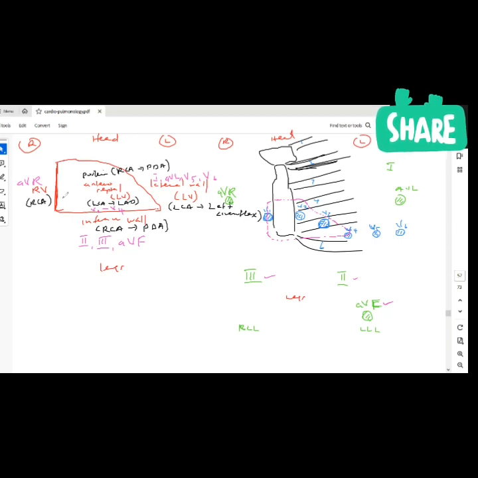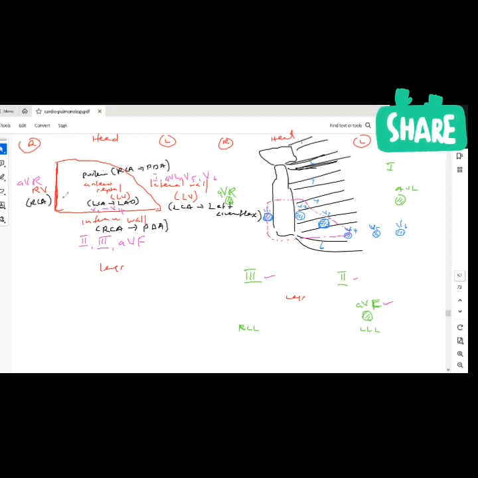But the posterior wall is the mirror image of the anterior. So whatever I see on V1 to V4 in an anterior MI, I'm going to see the opposite, the reciprocal of that, if the patient has a posterior MI. The leads are not looking at it directly, so there'll be an opposite, almost like a mirror image of what we expect to see on the anterior. And that's important to note.